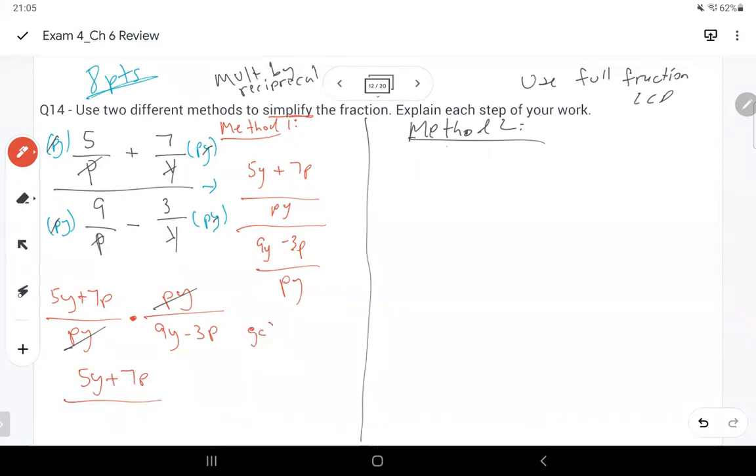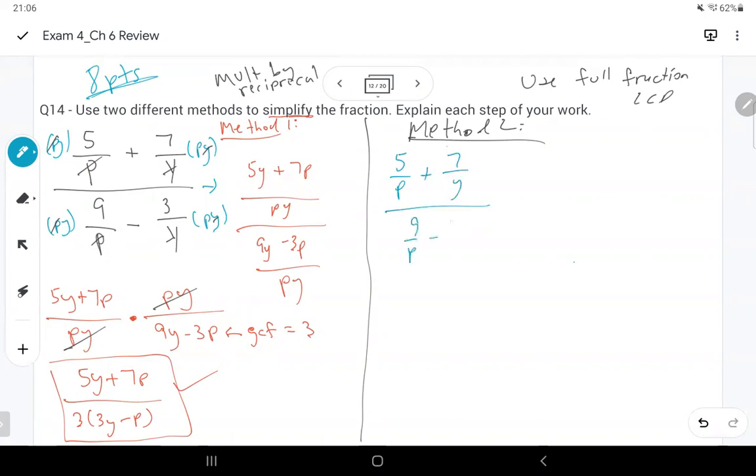Pull out a GCF of 3. There you go. All right, other side. Same problem, but we have an LCD of PY.